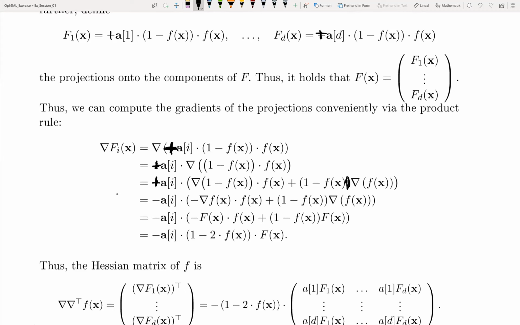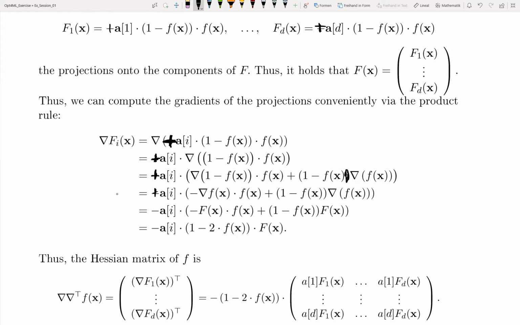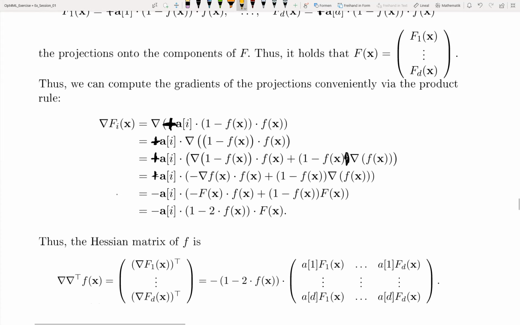All right. This gradient here, 1 is a constant which we add to this. We can forget about the constant, and then we have a minus. So here is still a plus. Then we have this minus f of x, which we can pull out. It's a constant term in the gradient. We are left with this. Everything fine here. So 1 minus f of x times the gradient. Then recalling that this here is denoted by f of x, and this is the same here.